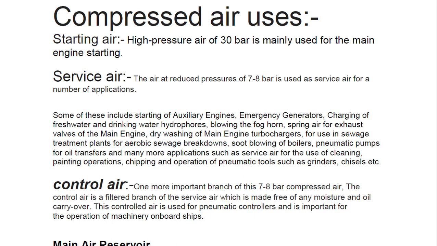That high pressure air of 30 bar is mainly used for main engine starting. Okay, the starting air line, you must see, is very important. And by the way, if you have not watched the video on bumping clearance, where I have covered this aspect, do watch it. How we take bumping clearance is also already covered.